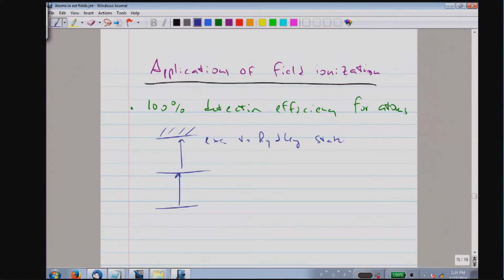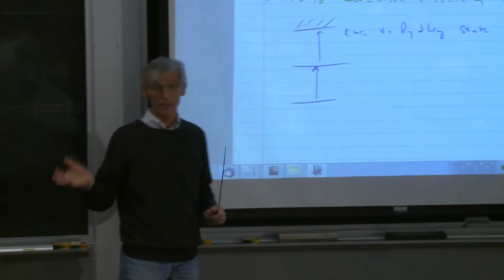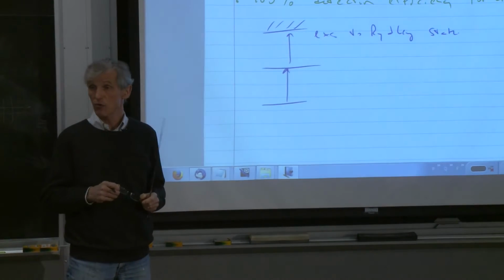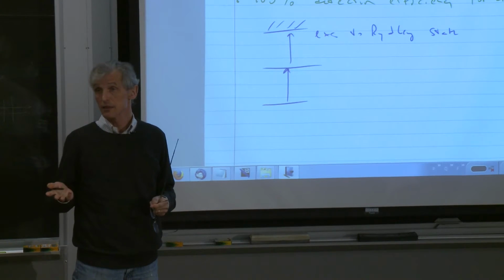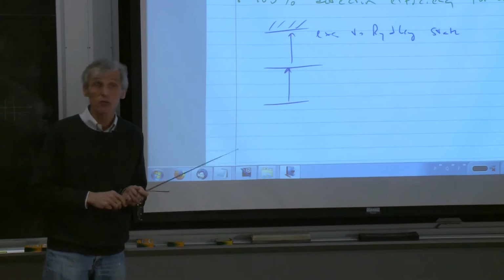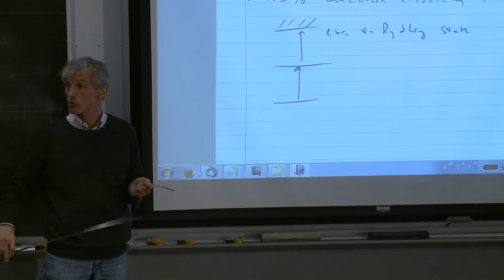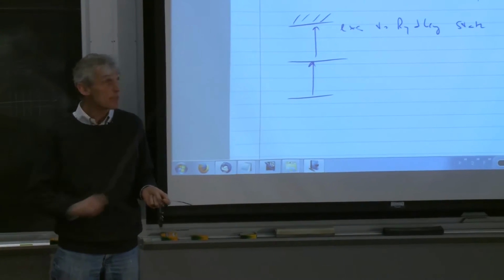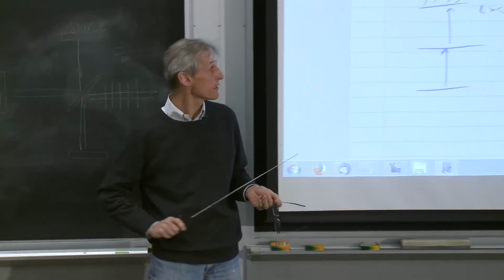And then by just applying a few volts per centimeter, you get an ion, and ions can be counted by particle detectors. You can accelerate the ions, smash them into a surface, and count the particles with close to 100% efficiency. And this is one of the most sensitive detection schemes.